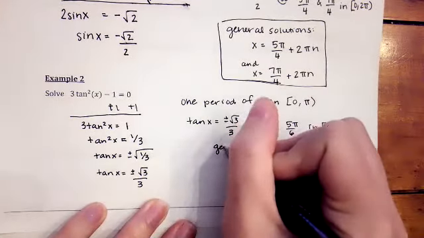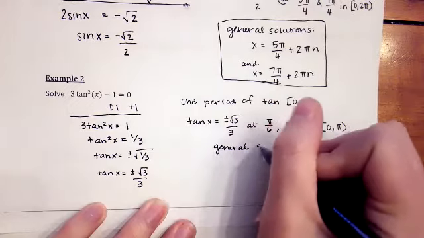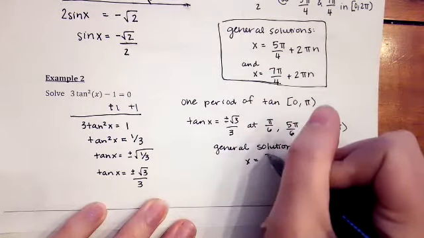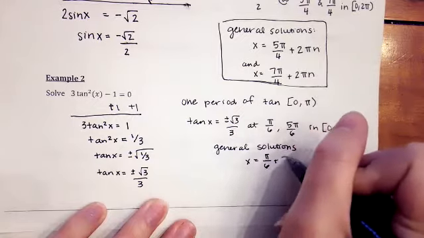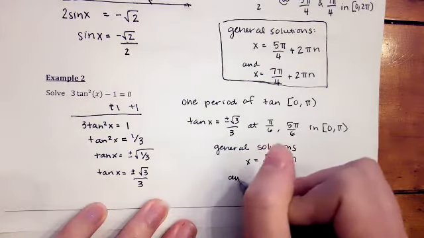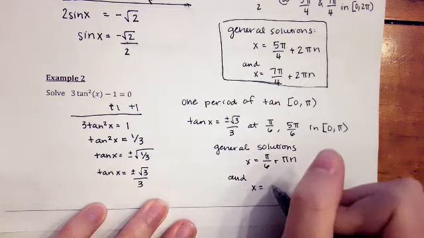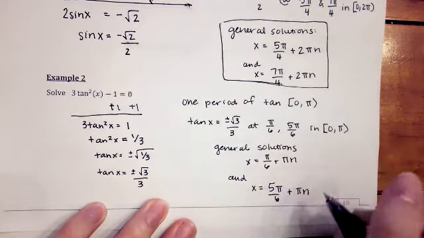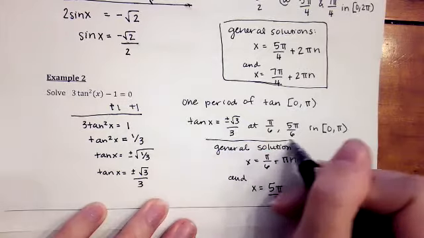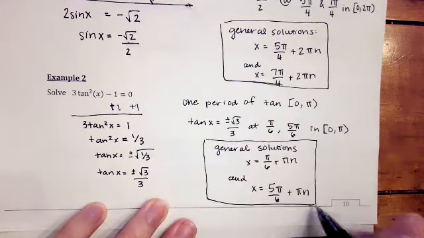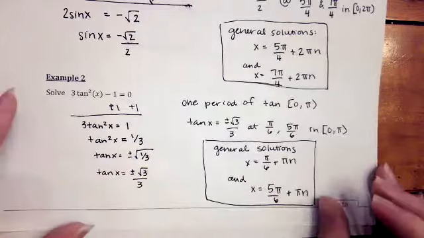So our general solutions are going to be pi over 6 plus pi n and 5 pi over 6 plus pi n. Okay.